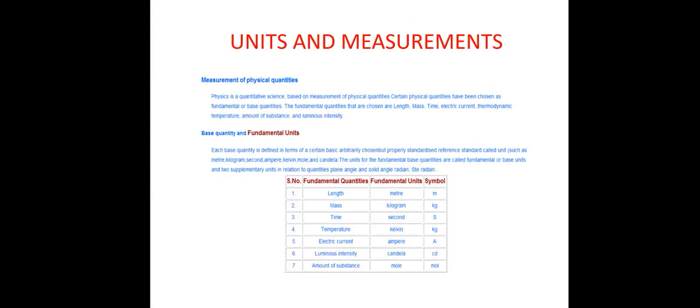Mass is measured in kilogram, time in second, temperature in Kelvin, electric current in ampere, luminous intensity in candela, and amount of substance in mole. These are the physical quantities, as well as the fundamental or base quantities.